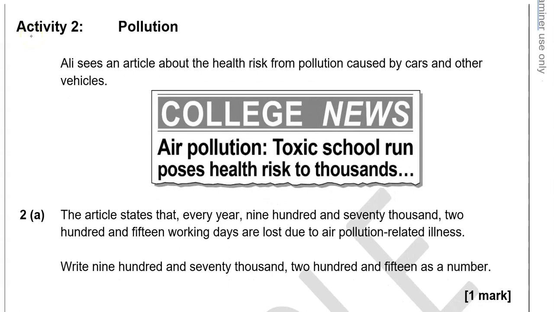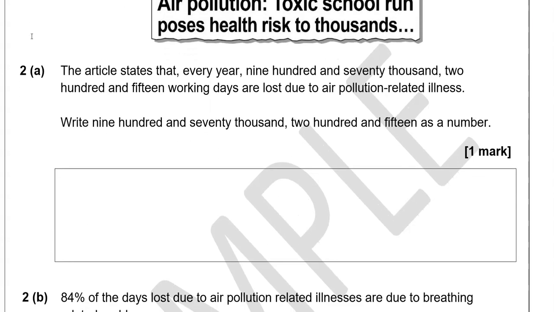Activity 2, pollution. Ali sees an article about the health risks from pollution caused by cars and other vehicles. The article states that every year 970,215 working days are lost due to air pollution related illness. Write 970,215 as a number.